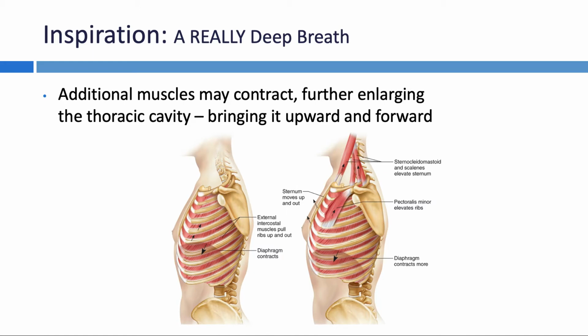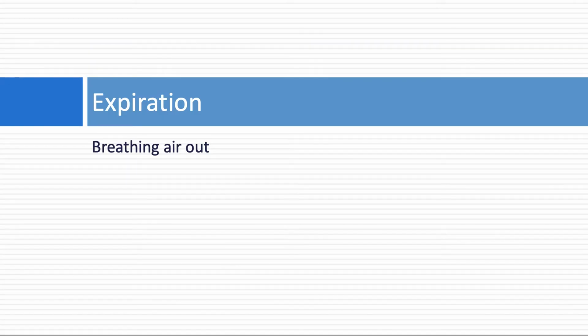So again, muscles move, whether that's the diaphragm, the intercostal muscles, or neck and chest muscles. Muscles move. This makes the thoracic volume greater, which makes the pressure within the lungs lower, which makes air move into them. Expiration is the opposite.